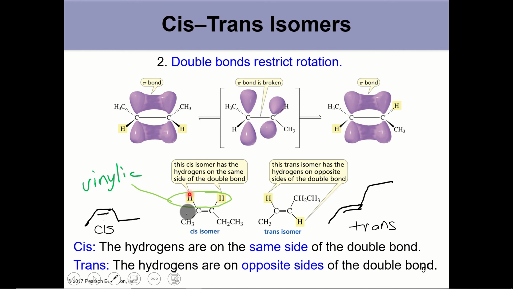So these two hydrogens are vinylic, not only because they're bonded to a double bond carbon, but because they are not bonded to the same carbon. Okay, and you can see this is the cis isomer in condensed form, and we've also drawn the cis isomer in a skeletal structure. And here we have the trans isomer and the trans isomer as a skeletal structure.